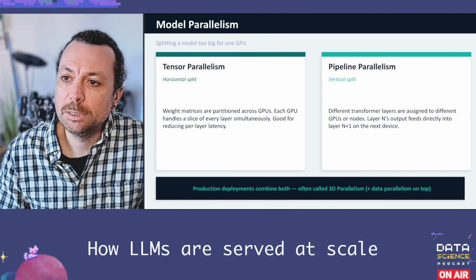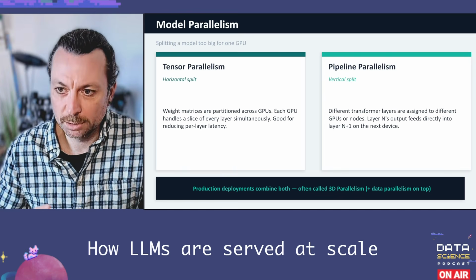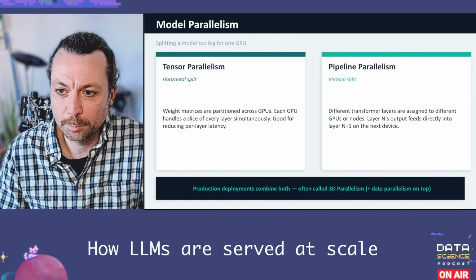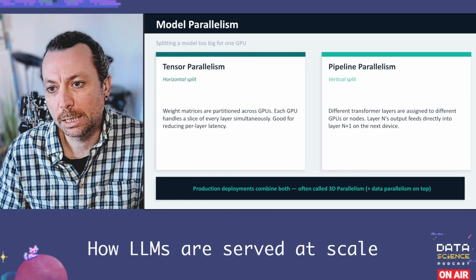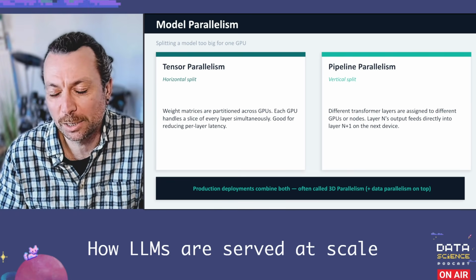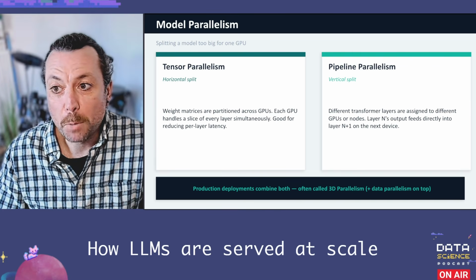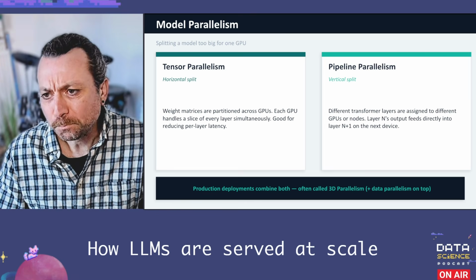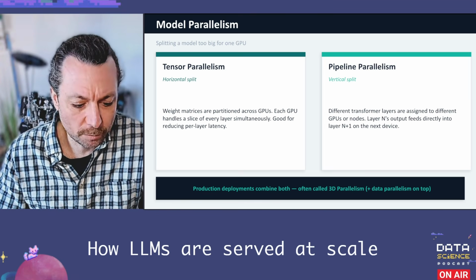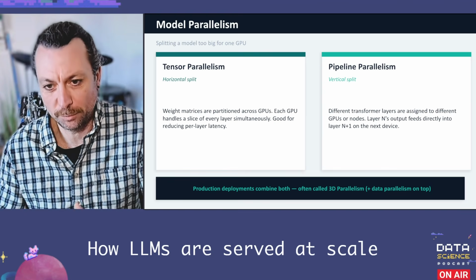Now, here is another concept that I want to clarify before giving more details about what happens when you hit that button and ask a large language model to generate something: model parallelism. So there are two essential forms of parallelism, and this is not anything specific to large language models.